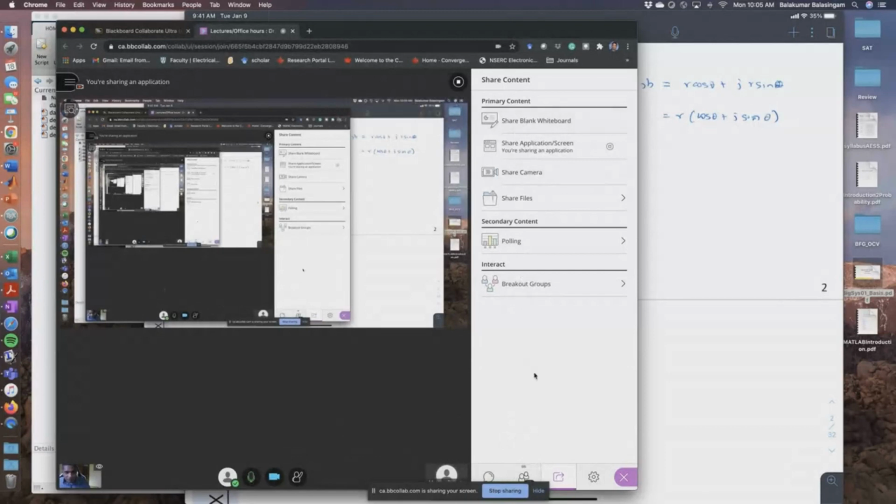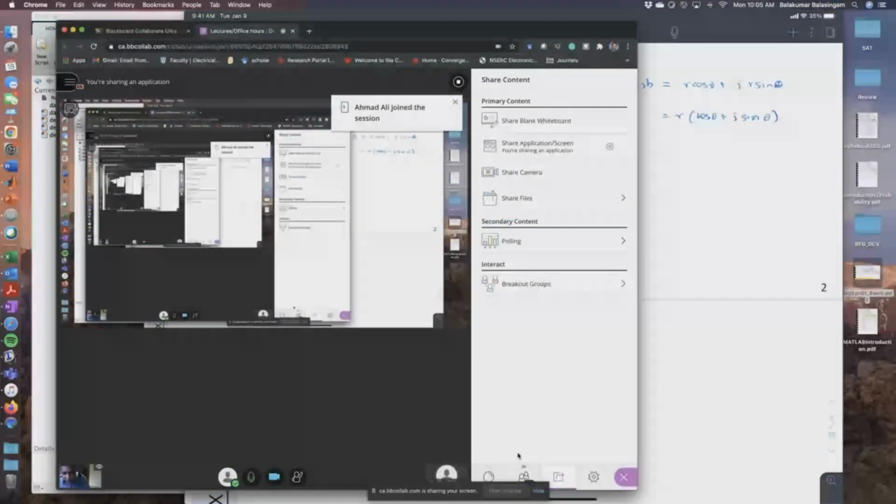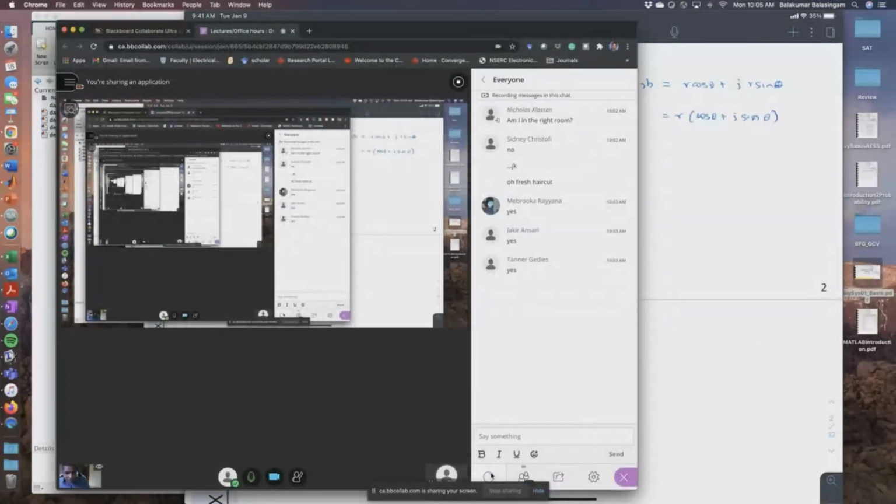Yes, you can see my entire screen. Good.